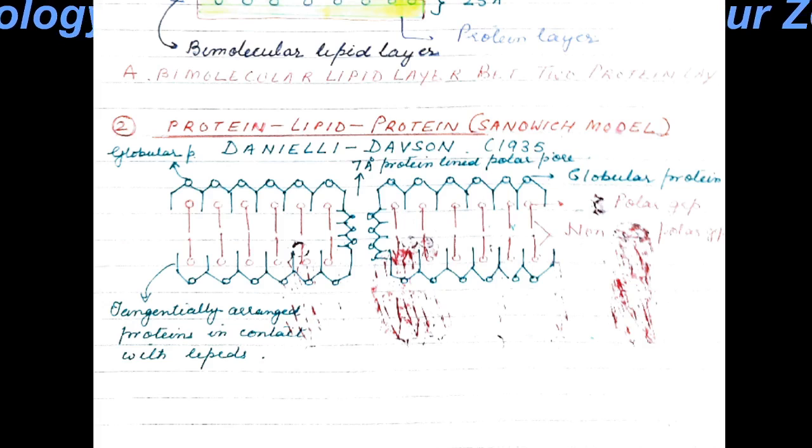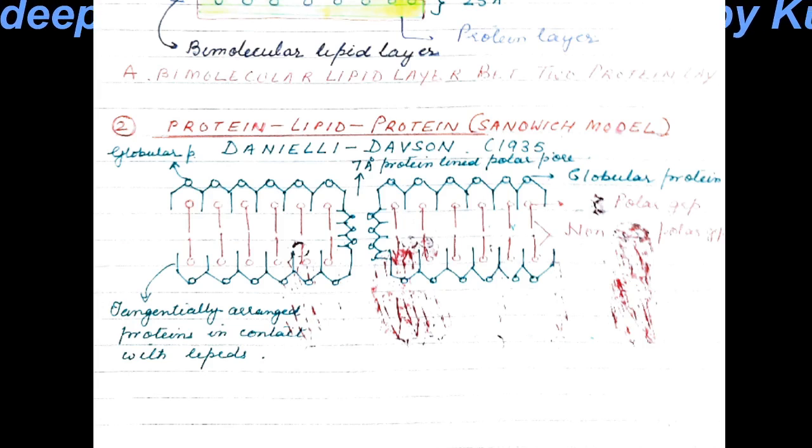This was given in 1935, and in between there are some spaces which are called pores, and these are called polar pores because they contain polar proteins.